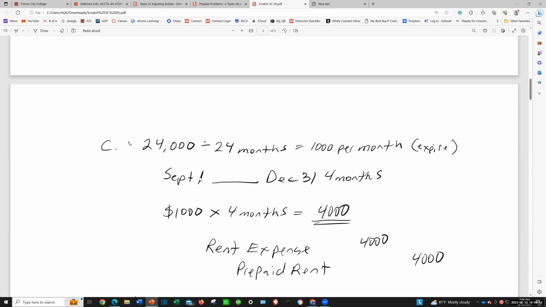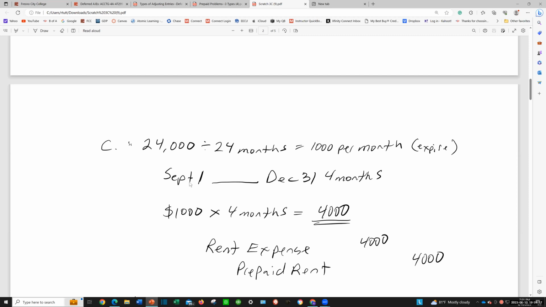This is at the beginning of September. This is at the end of September. If this was like September 30th and this was December 31, it would be 3 months. But it's not. This one's at the beginning of the month. This is at the end of the month. So it's all of September, all of October, all of November, all of December, 4 months.